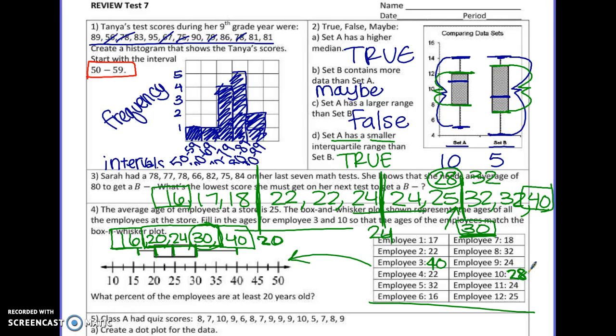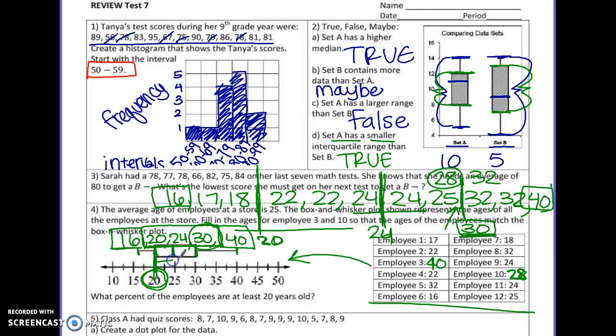If you wanted to now, you could plug those numbers in on the calculator and figure out if those are accurate numbers for the box and whisker, and just check and make sure. What percent of employees are at least 20 years old? So 20 years old is right here. That's our first quartile.